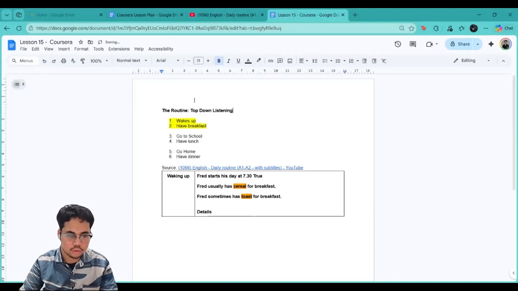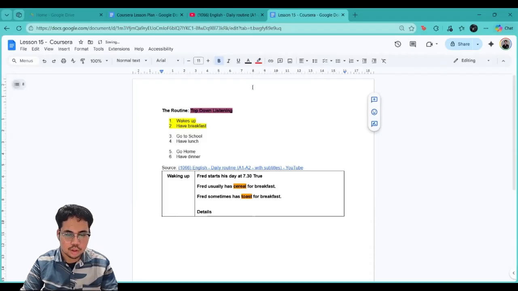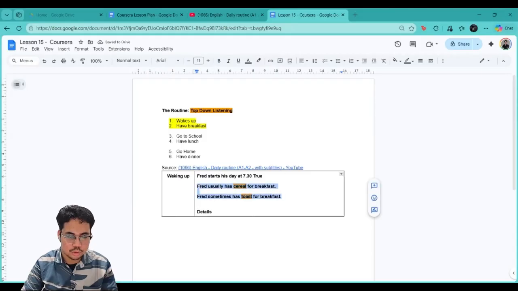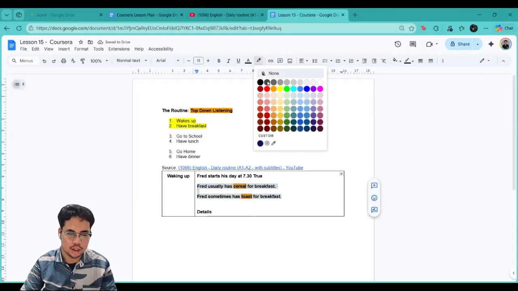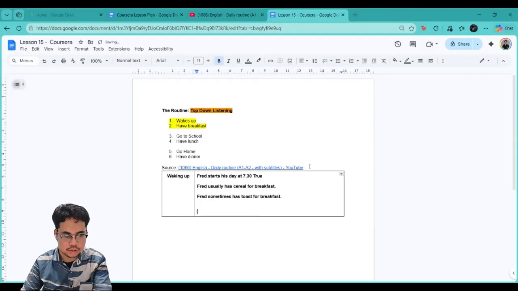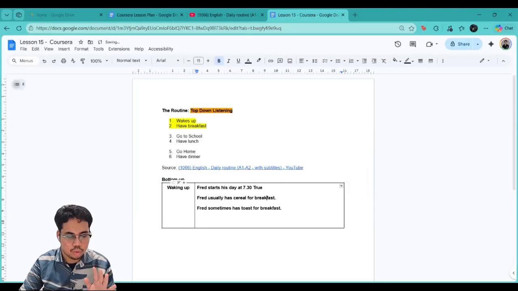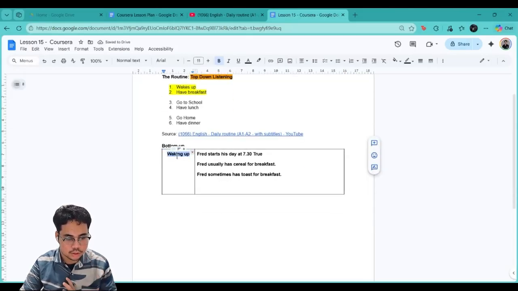The top-down listening. Now, what about looking for details? So after doing a top-down listening, we often do the bottom-up listening. The bottom-up listening is basically listening for details. Okay, so the second thing that we do is the bottom-up listening.